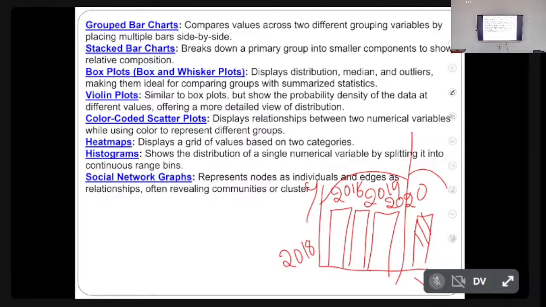Next one, stacked bar chart. Stacked, S-T-A-C-K-E-D. Stacked bar chart. So what does this do?